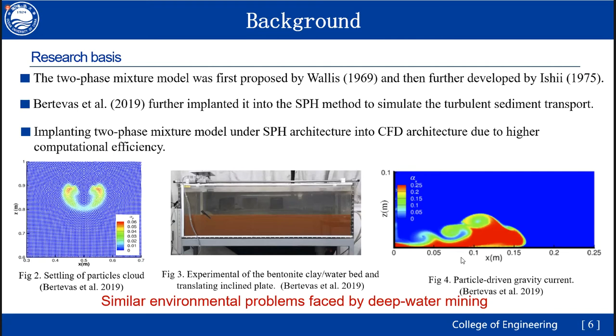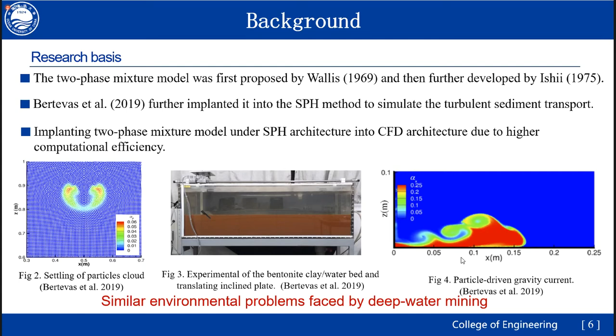The two-phase mixture model was first proposed by Wallis and then further developed by Ishii, and inspired by Butterworth's job published in a paper in POF last year, he further implemented it into the SPH method to simulate turbulent sediment flows. Inspired by him, we want to move the two-phase mixture model from SPH architecture into CFD architecture.